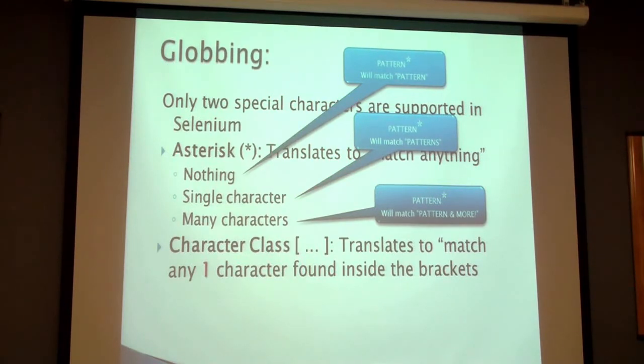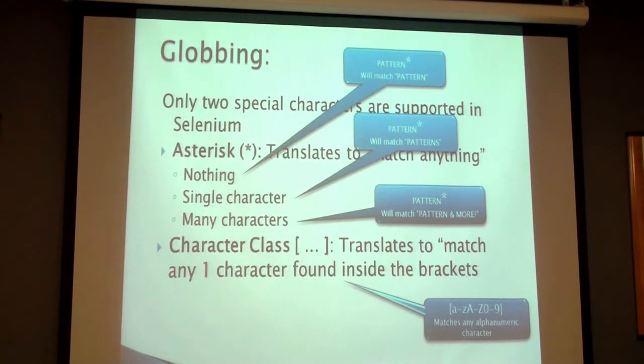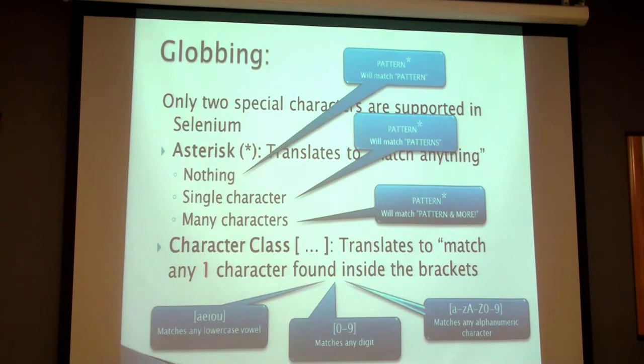So it translates to match any one character found inside the brackets. Okay. So if I was to put AZ09, what does that mean? Match any one alphanumeric character, any one, or any one digit if you're going to do 0 to 9, or any vowel if you're going to do A, E, I, O, U.